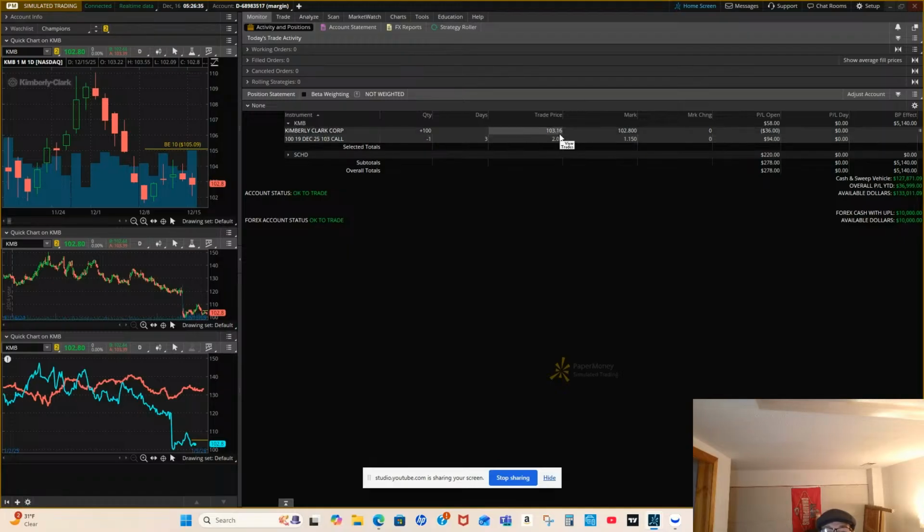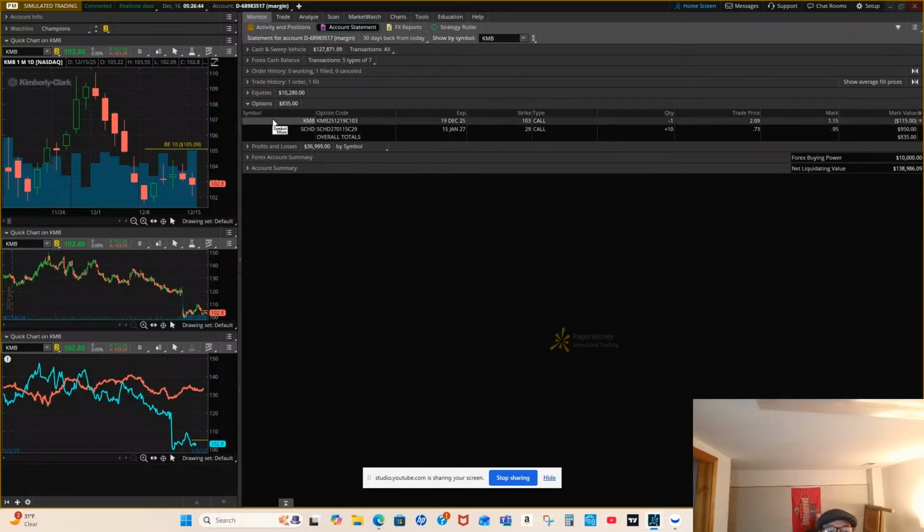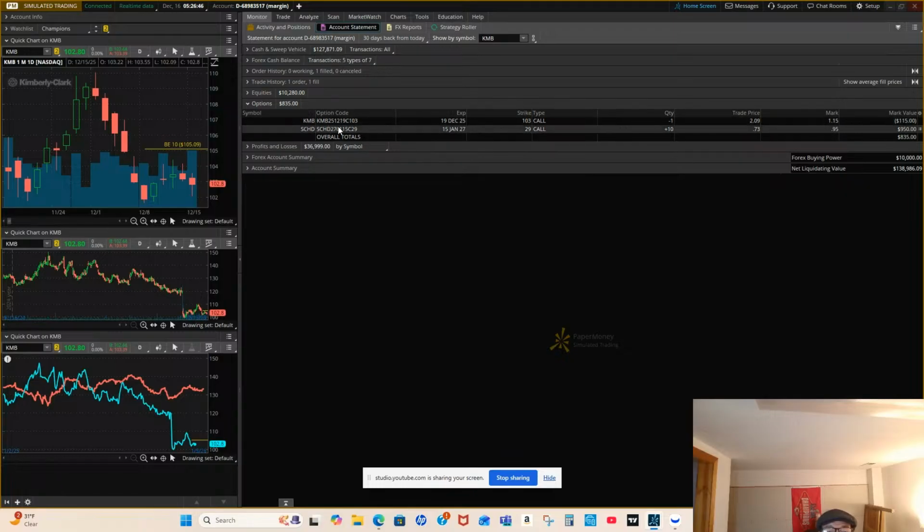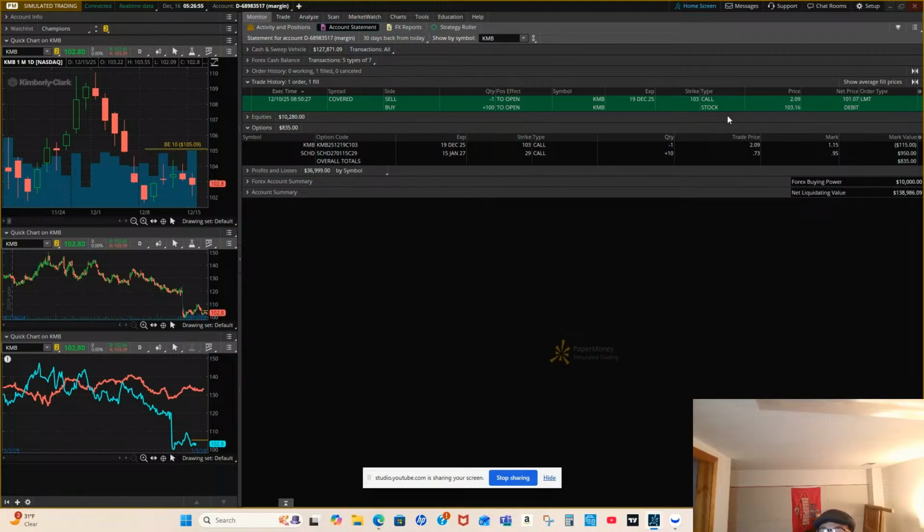So we bought it for 103. I mean, we paid 101, right? And we can see that if we go to the account side and look at our trade history, what we paid was $101.07. That's how much we paid to get into it, because we paid that 103.16 minus the 2.09.